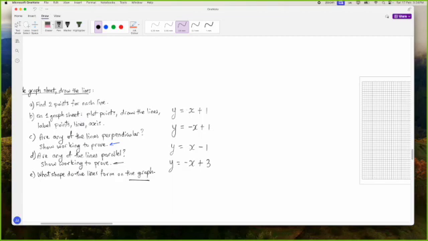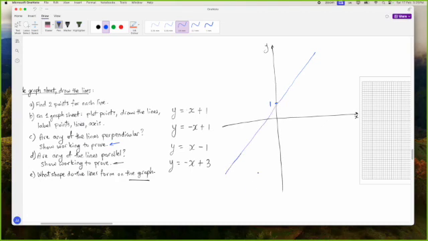We learned that you could just look at your equations and you can sketch what they will look like, right? On an x and y axis. So imagine the first one is x plus 1. Well, I know that that's going to be cutting at plus 1. And the gradient is positive, so it's going to be moving upward.